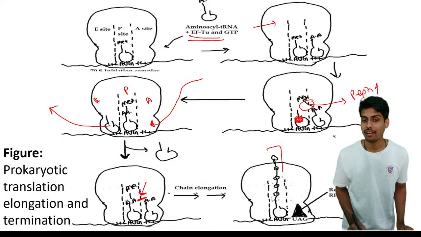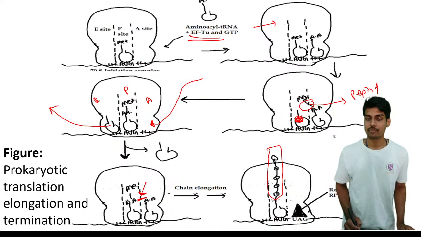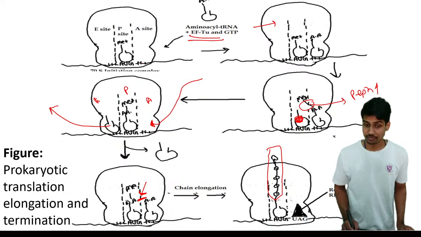Now, you will have the final peptide chain at the tRNA of your P site. But how does termination occur in this case? There are certain release factors, which attach themselves at the termination codons like UAG, UAA or UGA.